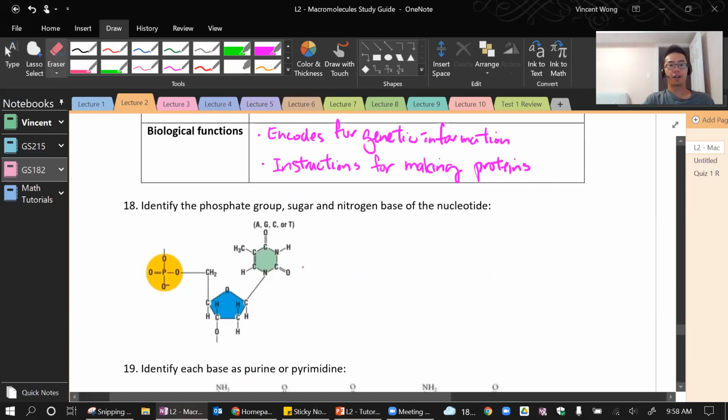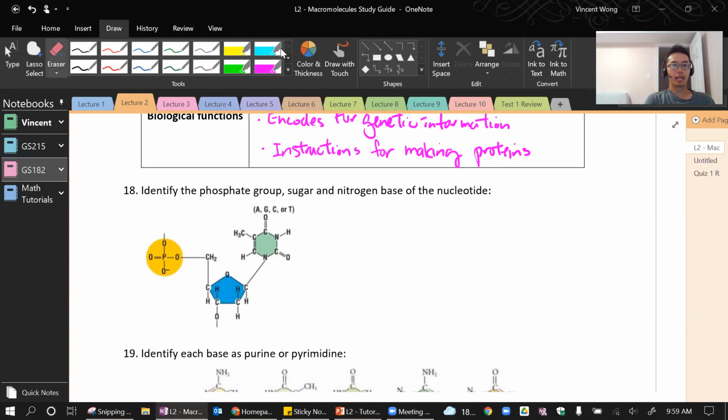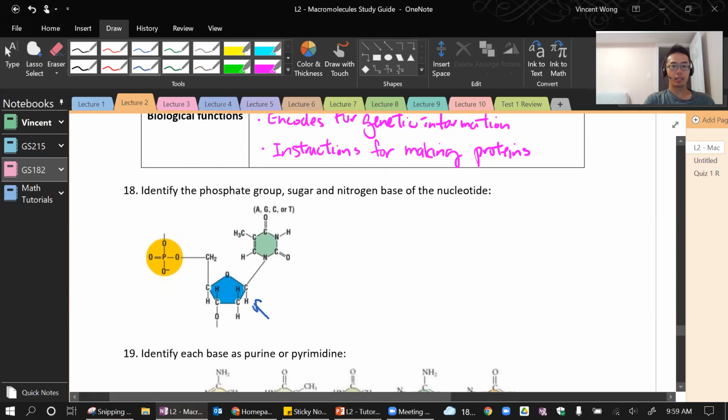Next, identify the phosphate group, sugar group, and nitrogen base of a nucleotide. A nucleotide is going to have three distinct parts. You can see in this picture, the three distinct parts are the sugar here. It is going to be a ribose sugar for RNA. It's going to be a deoxyribose for DNA.